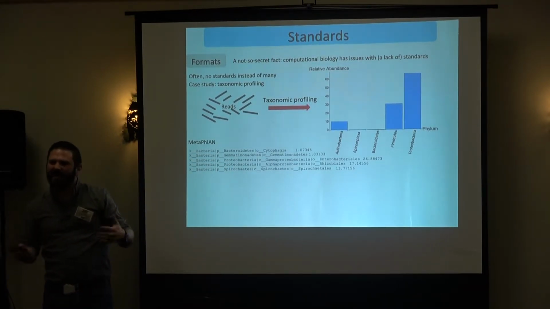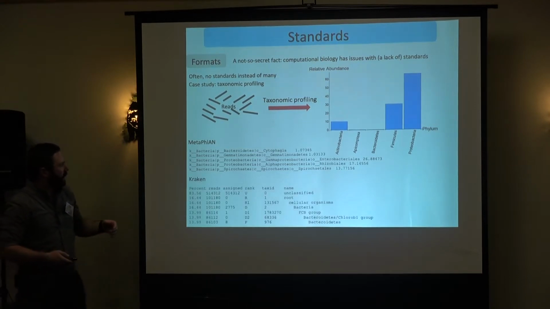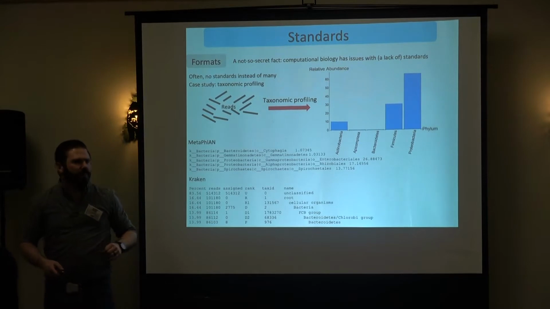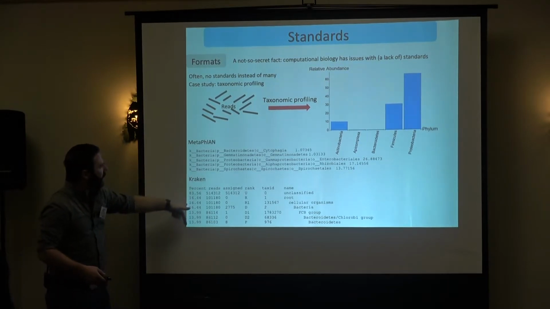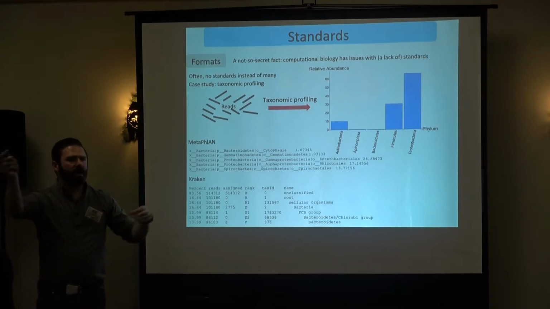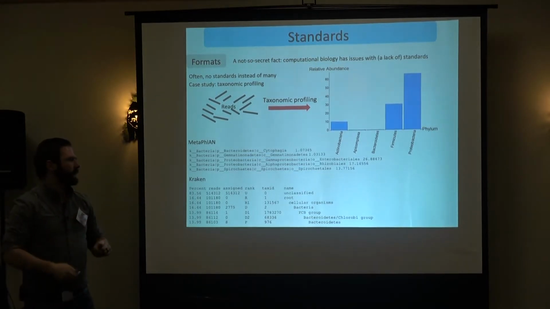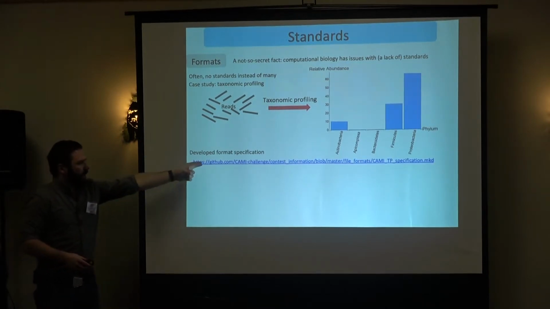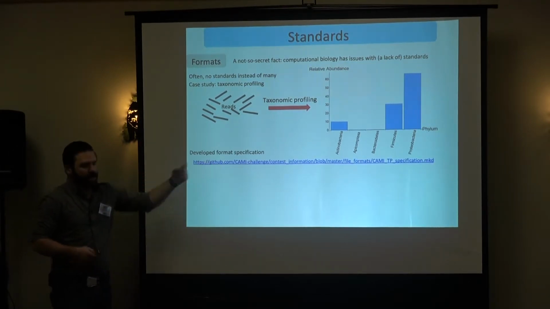We already see a couple of issues that might arise from that. Oh, Kraken. Hey, look, I got tax IDs. This is nice. But they try to do the hierarchy vertically instead of horizontally here. Let's see if we can take bits and pieces from each of these and develop a standard. So CAMI developed an actual standard.